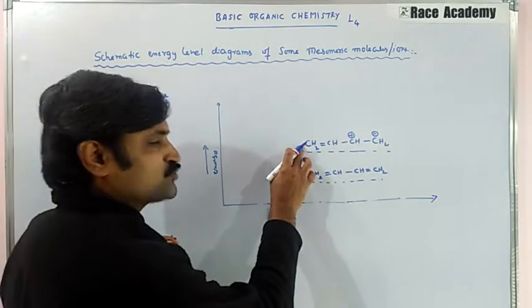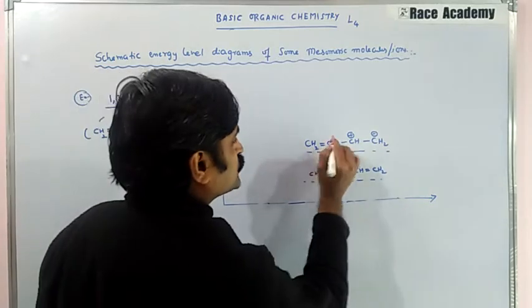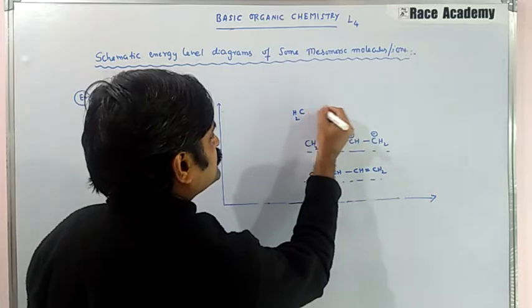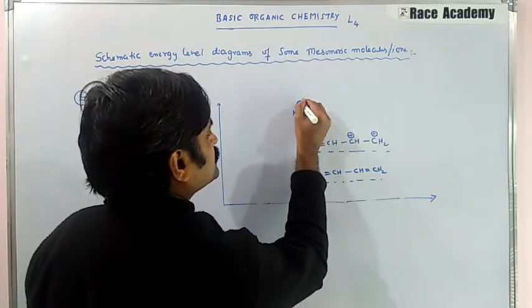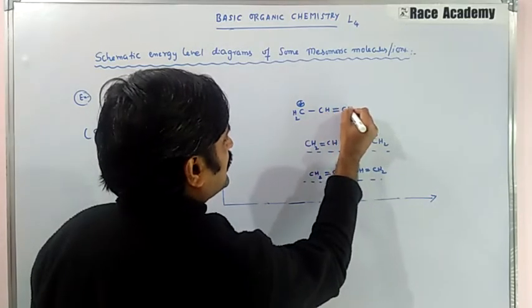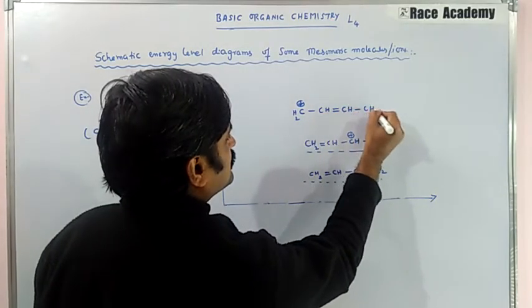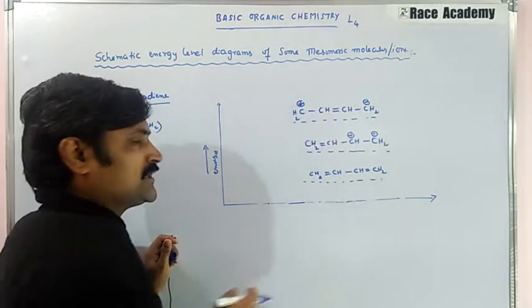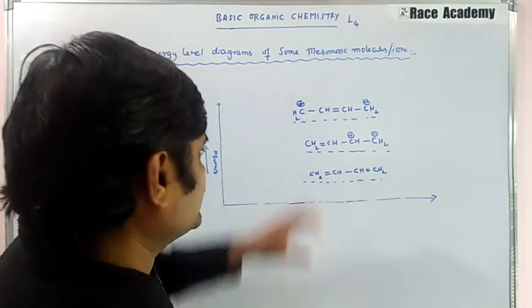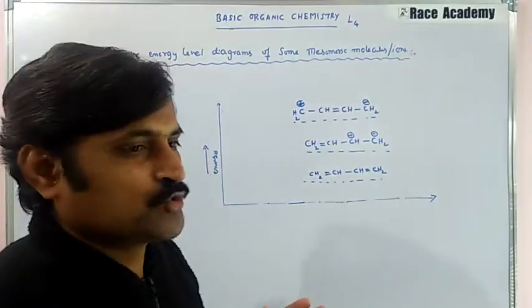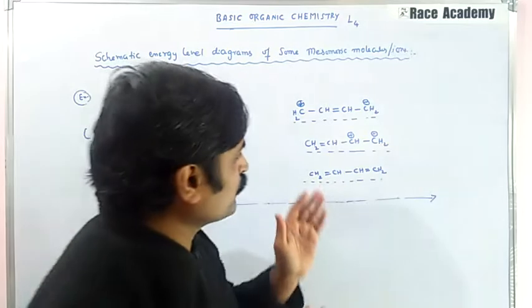Another one, if you take this, will definitely become positive when you shift like this. So this is CH2 positive, single bond CH double bond CH single bond CH2 negative. Why have we kept it like this? Because unlike charges must be closer to each other for a structure to be more stable.